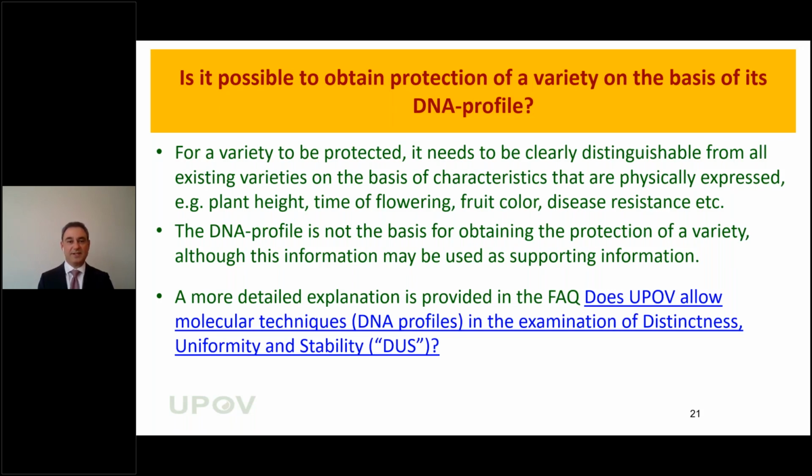The clear answer is that for a variety to be protected, it needs to be clearly distinguishable on the basis of characteristics that are physically, morphologically expressed: plant height, time of flowering, fruit color, disease resistances, or others. Nonetheless, DNA profile is useful for supporting information, although it is not the basis for granting protection for a variety.